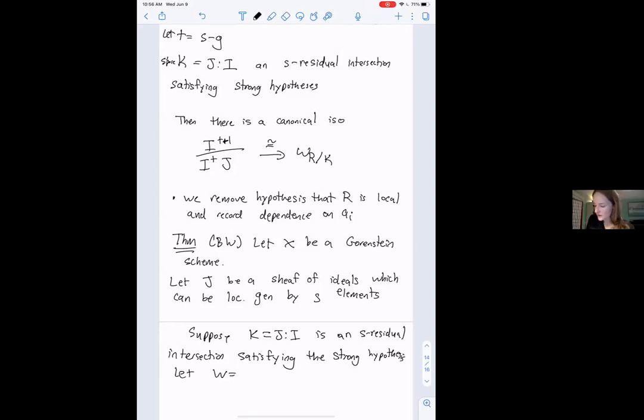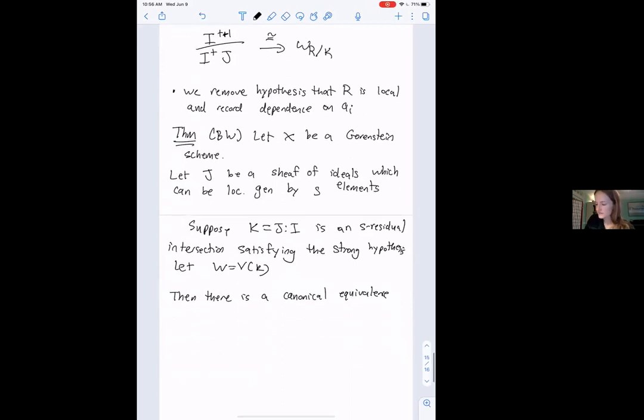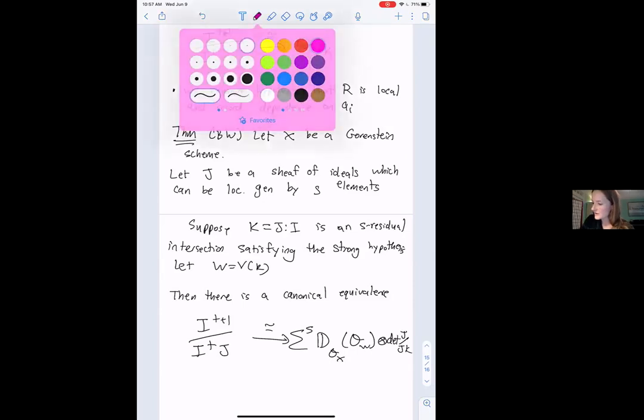Let W equal V(K), then there is a canonical equivalence from I^(T+1) over I^T J to the suspension of the dual over O_X of O_W times the determinant of this, which has to be locally free under the hypothesis.